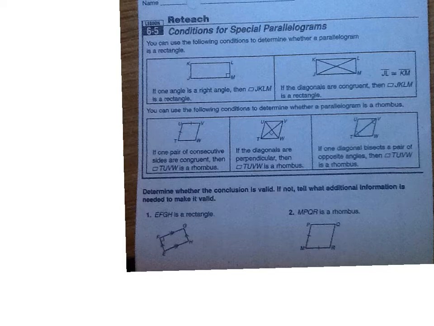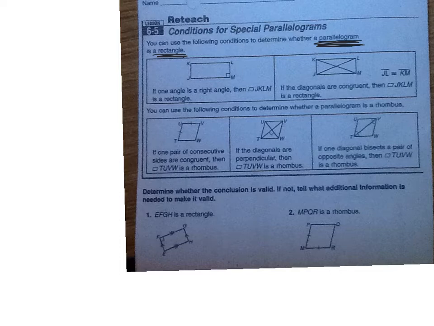What is very important here is that you can use the following conditions to determine whether a parallelogram, so underline or highlight parallelogram, is a rectangle. So in order for you to say that that parallelogram is going to be a rectangle by the following conditions, first you have to say that it's a parallelogram, okay?